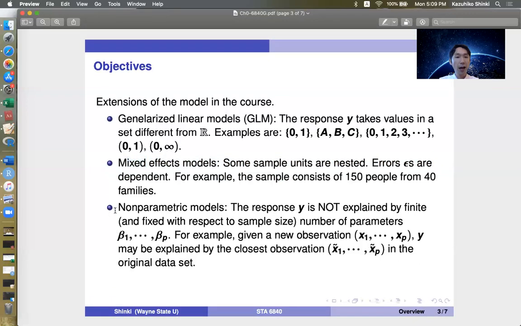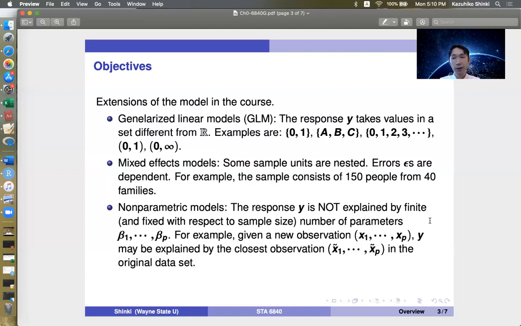And if we have time, we study non-parametric models. This is a model where the response y is not explained by a finite number of parameters, beta 1 to beta p. Non-parametric means that the number of parameters is not finite. But in reality, the data set is usually finite.